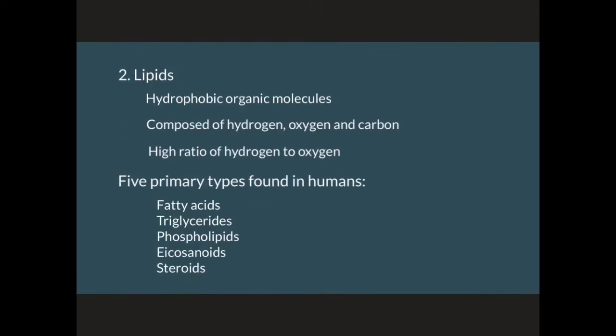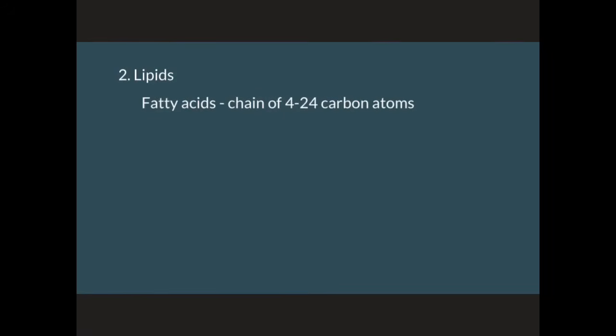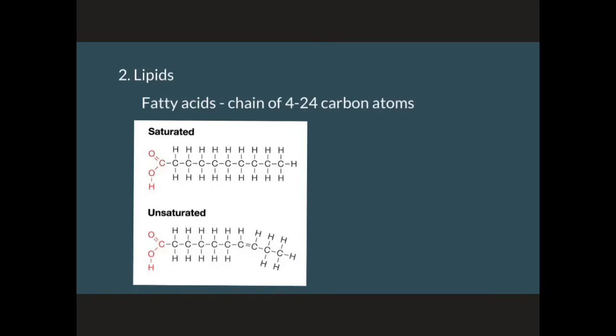They are fatty acids, triglycerides, phospholipids, eicosanoids, and steroids. Fatty acids are a chain of 4 to 24 carbon atoms. They are classified as either saturated, unsaturated, polyunsaturated, or essential fatty acids.